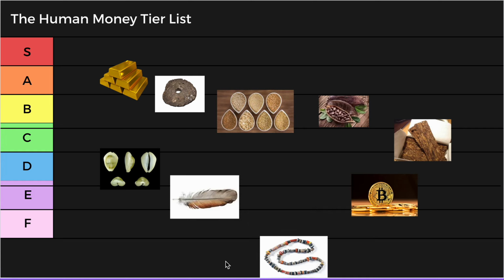When the Europeans arrived in Africa and found out that the Africans were using glass beads as their money, that did not bode well for the Africans at all, as the Europeans at the time were some of the best glass makers on the planet.